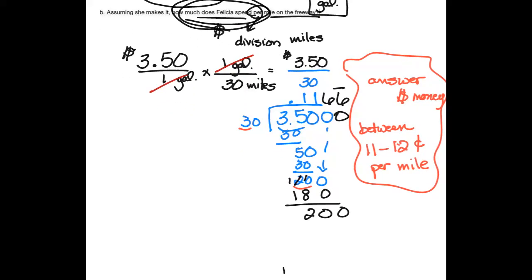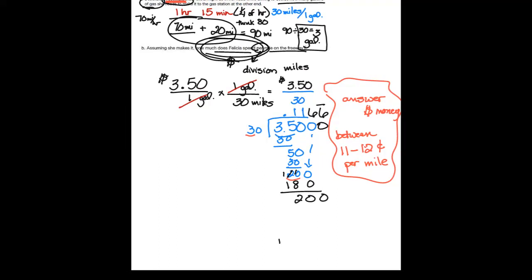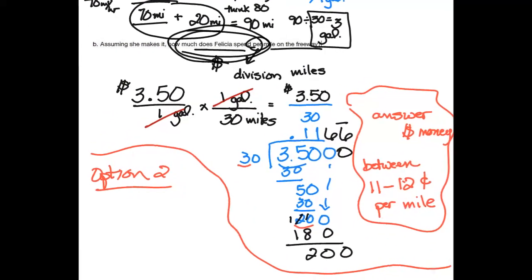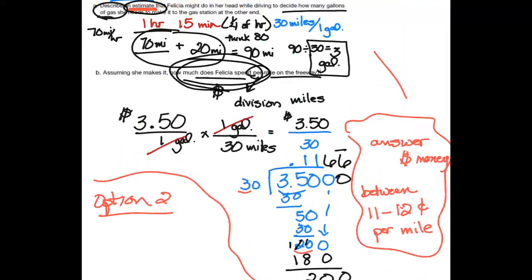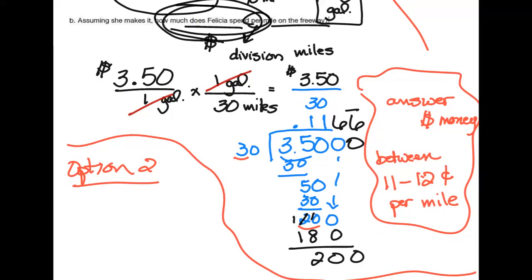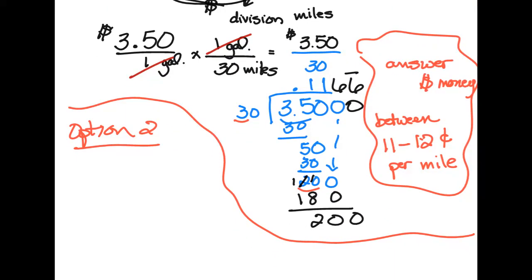Now, the way I'm going to show here very quickly is slightly different, but pretty much the same. I'm going to do this as option 2. Option 2: assuming she makes it, how much does Felicia spend per mile on the freeway? So she was on the freeway for how long? How many miles? 90 miles.